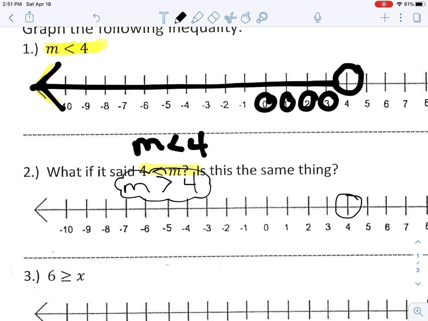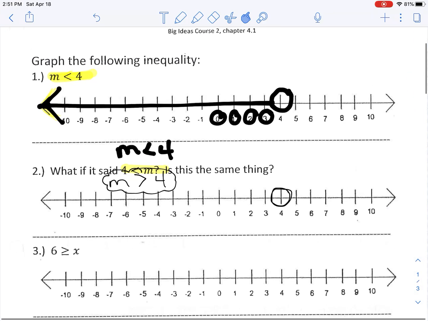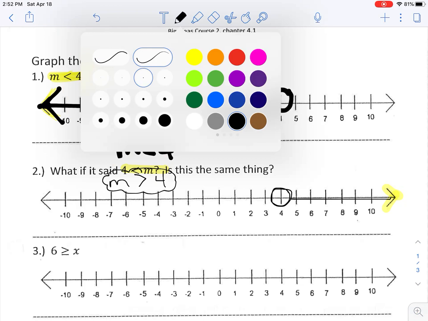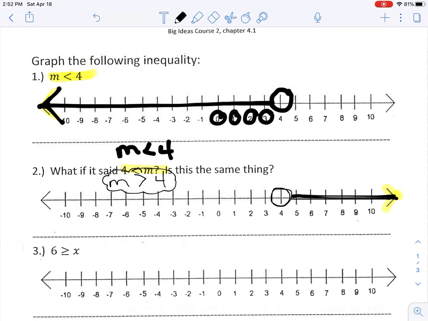So now we're going to put an open circle at 4. We're going to look at which direction our arrow is pointing. And greater than points to the right. So we're going to darken all of the values to the right. And that 4 is going to stay open.